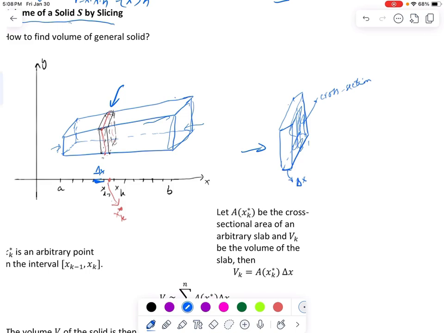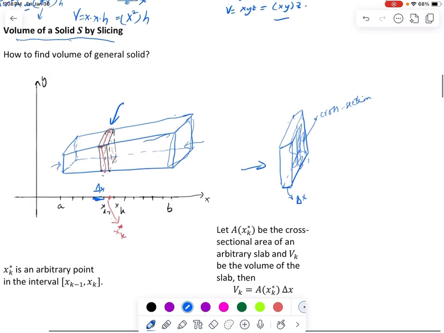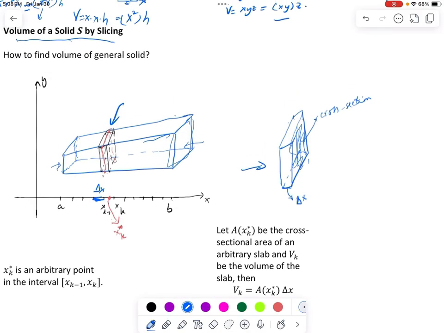We have our interval [a, b] and we divide it into n subintervals. Pick an arbitrary interval with x_{k-1} and x_k as its endpoints. Remember, x_k minus x_{k-1} is equal to delta x. This is what we learned in section 6.1.